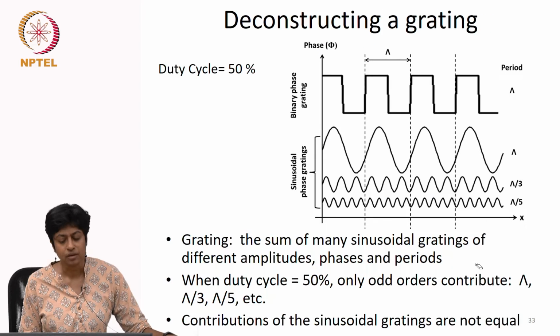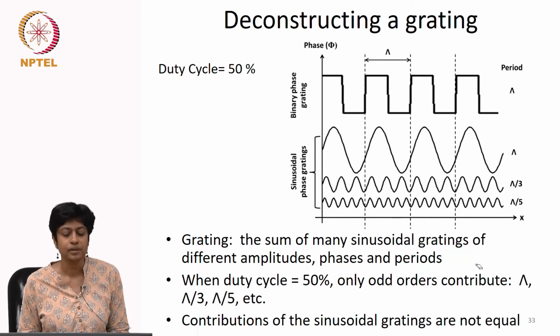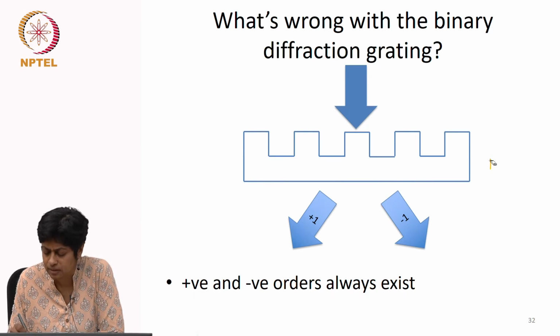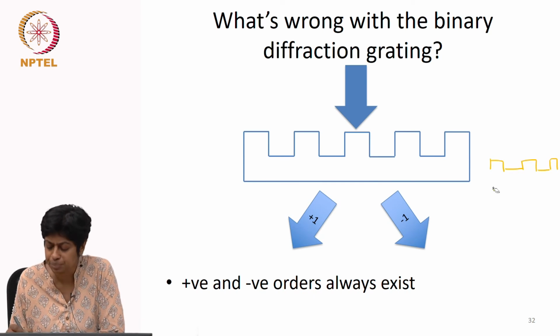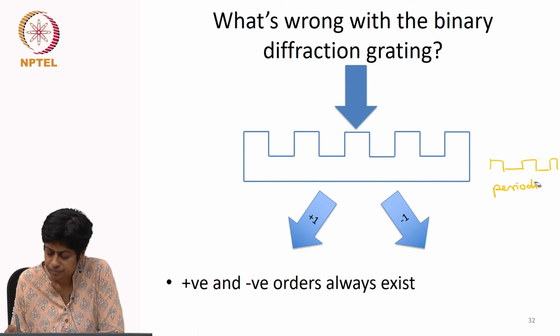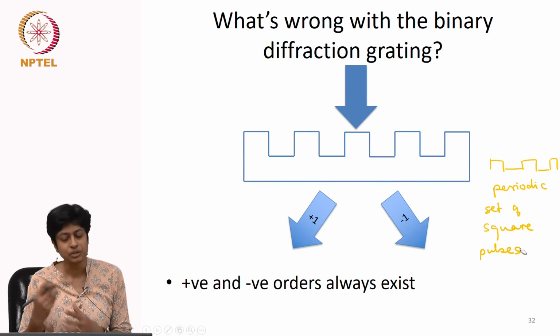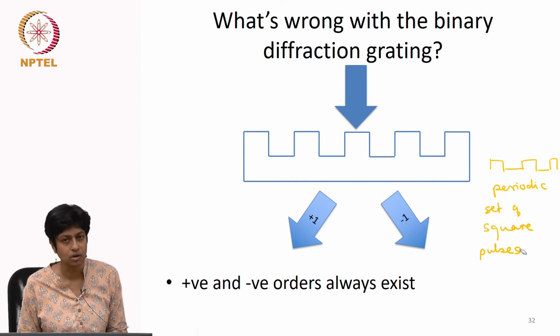How do I get rid of this? Or why exactly does that happen? You could think of this in terms of a Fourier analysis of the grating. If I gave you a signal like this and I asked you to Fourier analyze this signal, so this is a periodic set of square pulses, it's a nice analogy to help us understand what's going on with the grating.